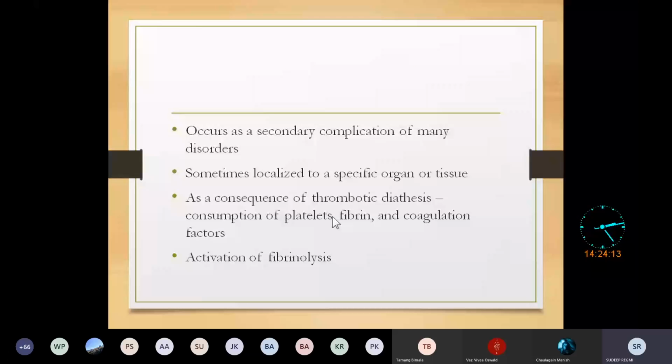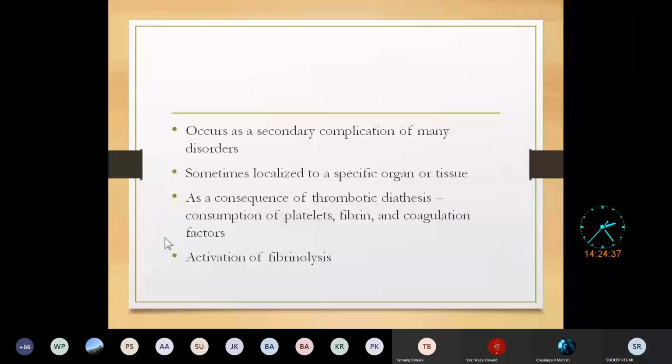Okay, so secondarily there will be activation of the fibrinolytic system, leading to formation of the fibrin degradation products. So this is not a disease by itself, but it is a complication of many other disorders.